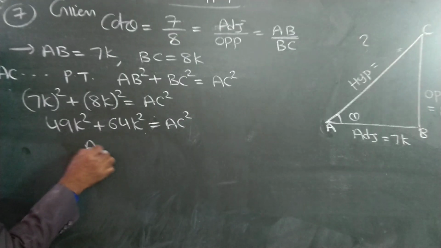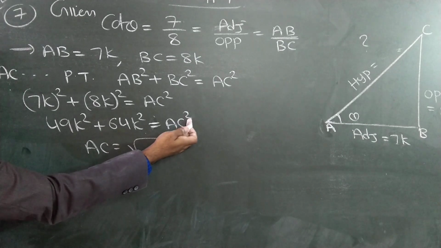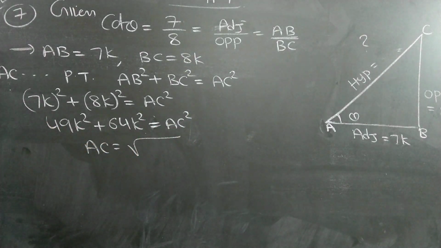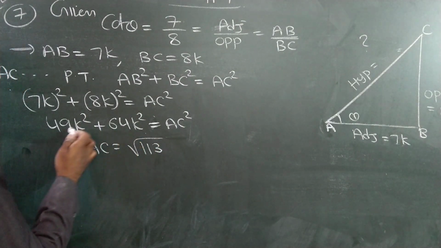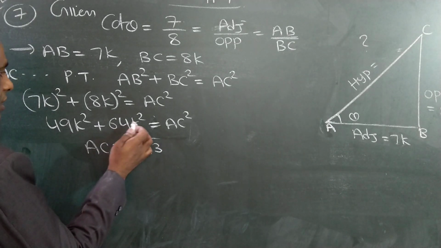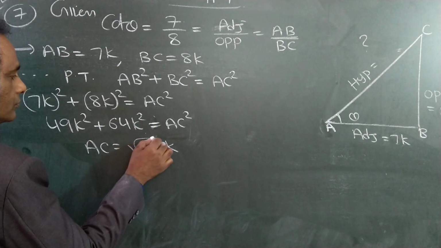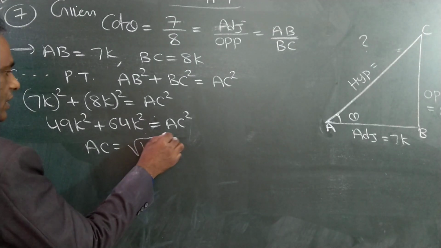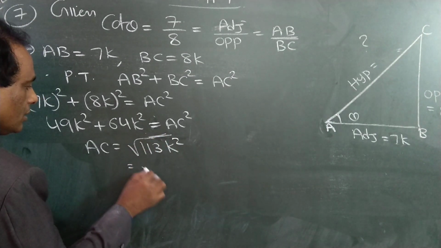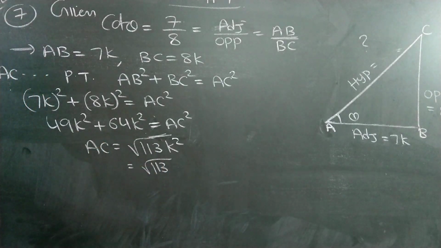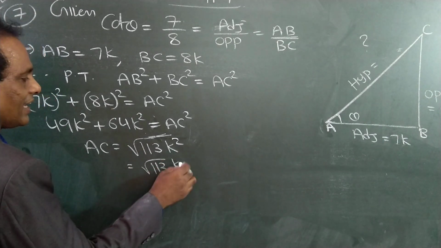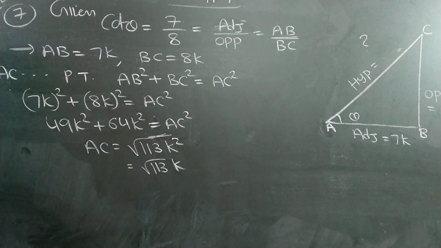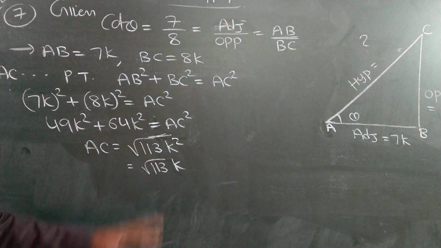So AC is equal to root of, remove the square, we get the root, 64 plus 49 is 113. Root of 113k square, but we don't know the root of 113. It is not a perfect square. Square root of k square is k, but 113 will stay inside the root. We don't know the value of root 113.